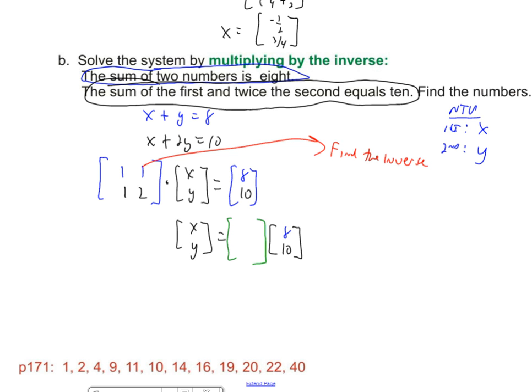Abigail? It doesn't matter one bit, commutative. Wait a second. Let me think about this for a second. Yes, it does matter. Because our inverse is going to be a 2 by 2.